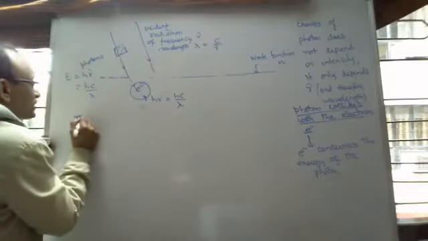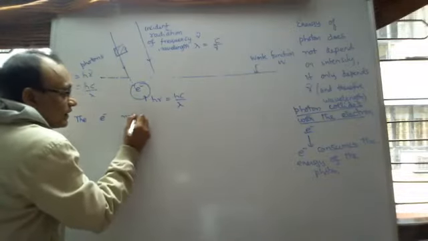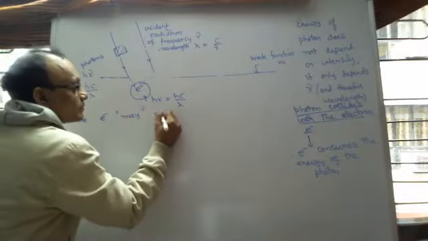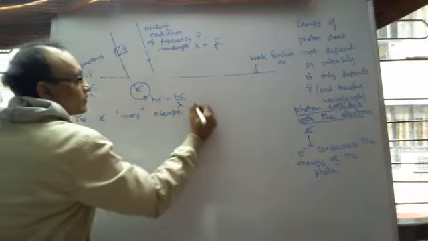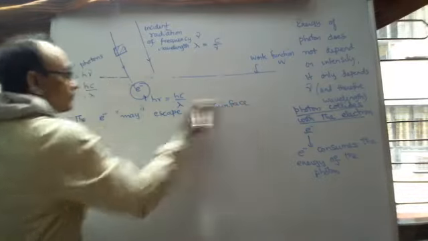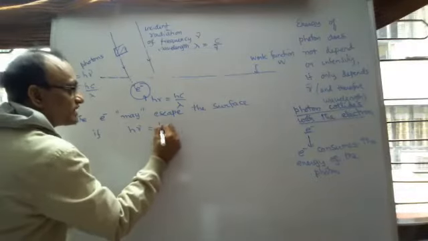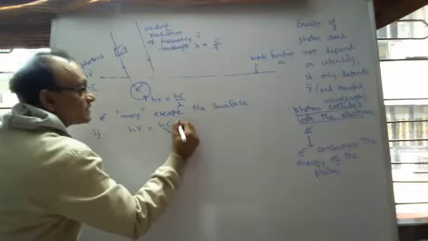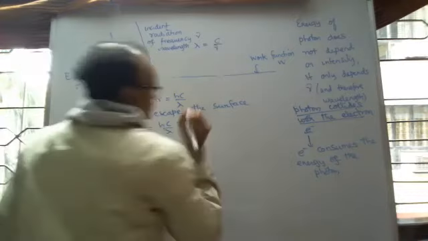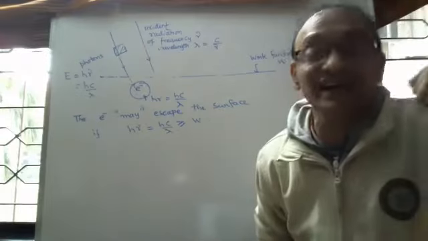The electron may escape the surface if h nu, which is hc by lambda, is greater than or equal to the work function. Work function के बराबर होने से भी it is no guarantee that it will escape.